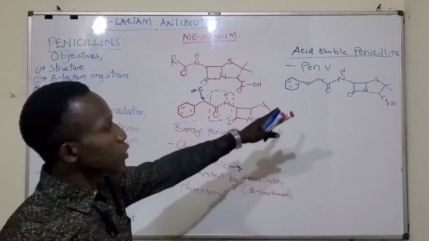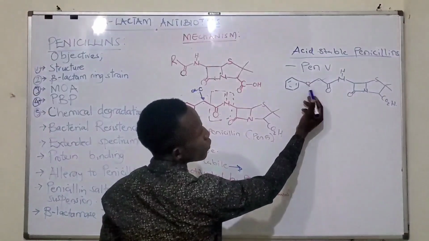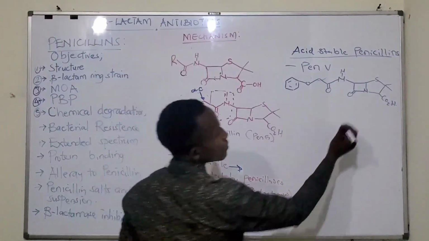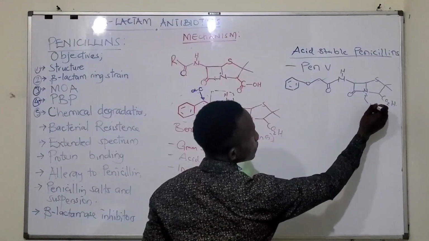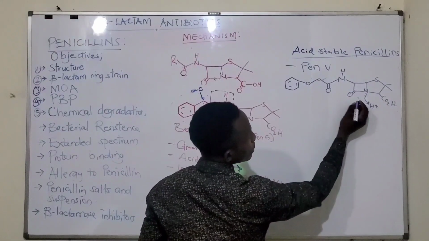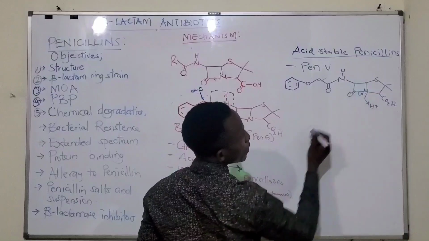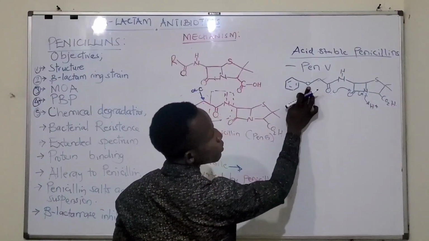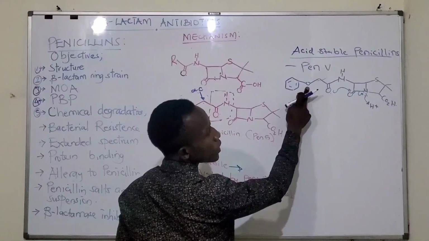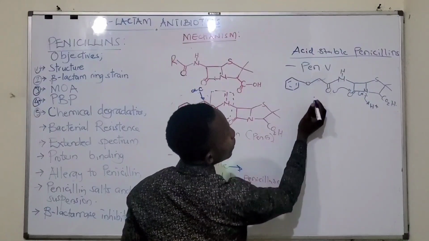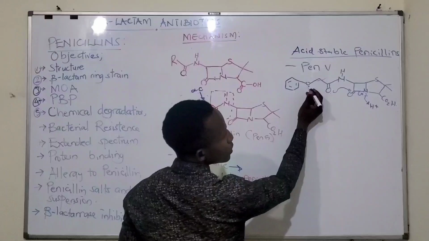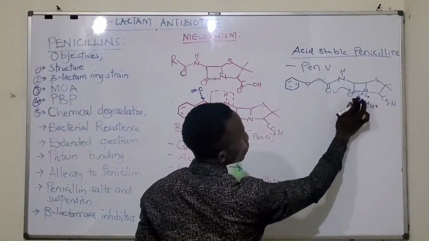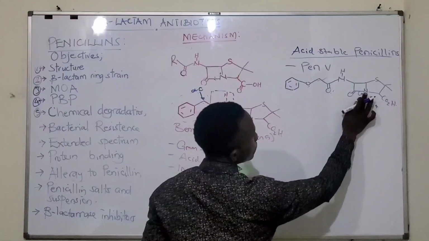So that's the structure of pen V, meaning that this oxygen will make these electrons unavailable for attack here. Because you saw the mechanism that it was this one attacking the acid, then taking this bond electrons, then this one attacking here. But if we put an electron withdrawing group here at the alpha carbon, because this is the alpha carbon, now it is attached to oxygen, meaning that these electrons won't be available to do this mechanism.